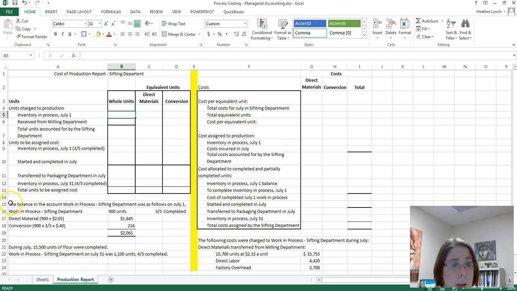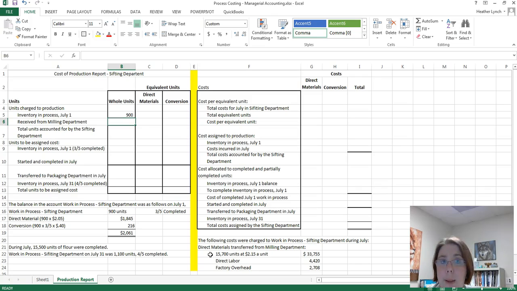So we look down here: the balance in the account, work in process, sifting department, on July 1st was 900 units. How much did we receive from the milling department? They don't give us that information down here, but over here they show the costs charged to work in process, sifting department: direct materials transferred from milling department, 15,700 units at $2.15 a unit.